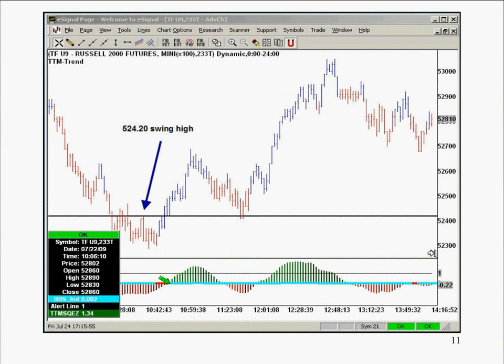I don't actually use the squeeze, but I do use the trend bars, and I use this histogram on the squeeze, but not necessarily the way that the guys use it in TTM. There are videos on the site for how that's used. Okay, so that's another alternate. But here you would have had an entry.